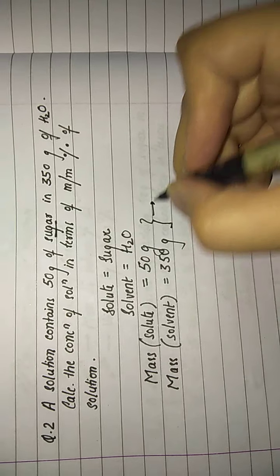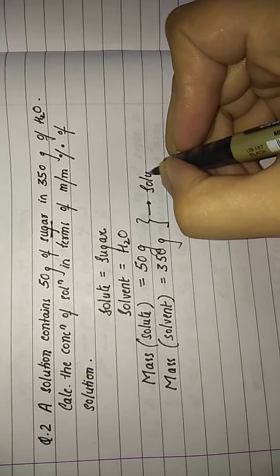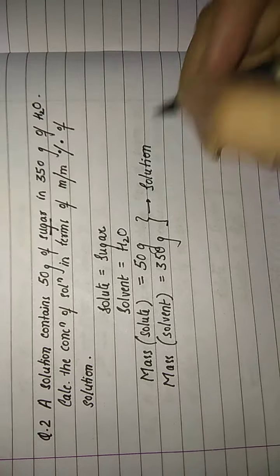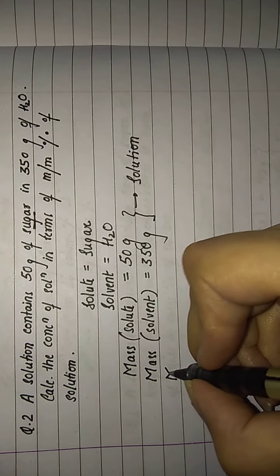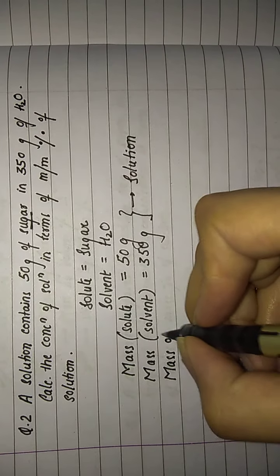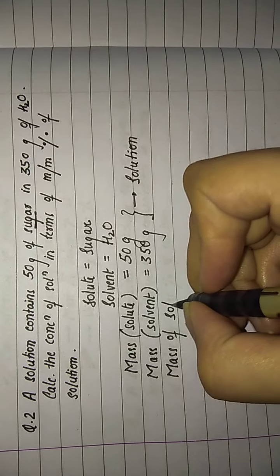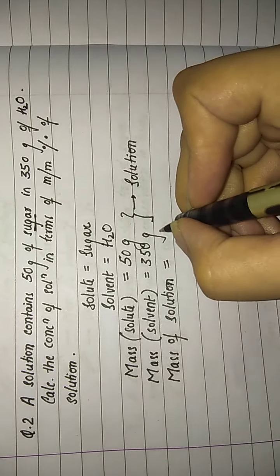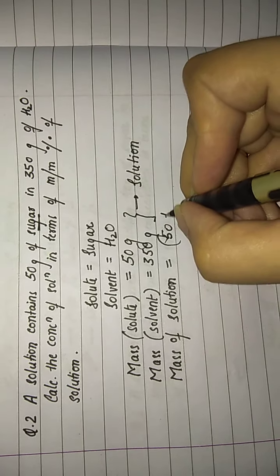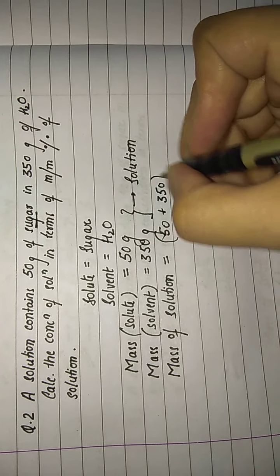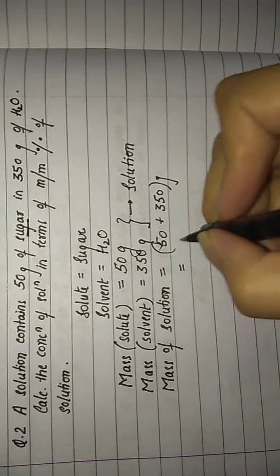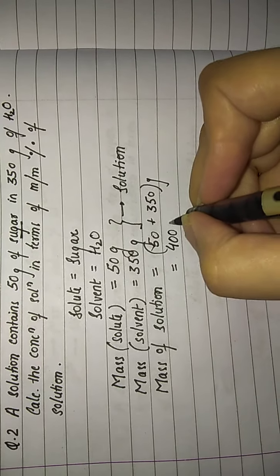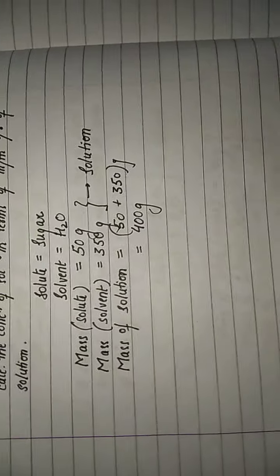These together mix up to give you the whole solution. Fine. So mass of solution will be equal to 50 plus 350 grams, which is equal to 400 grams, right?